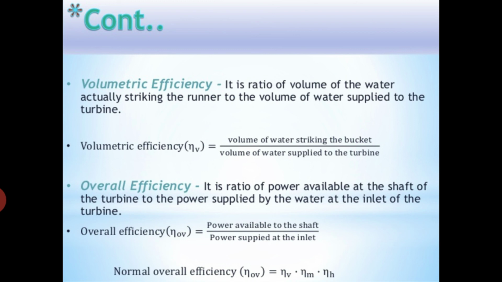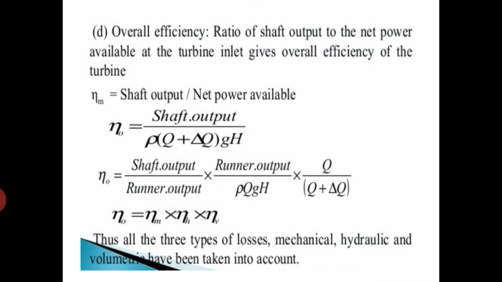Overall efficiency is generally represented as eta V, eta M and eta H. The overall efficiency will be the ratio of shaft output to the net power available at the turbine inlet, which gives the overall efficiency of the turbine. It can be written as shaft output divided by rho into bracket Q plus delta Q into g H. This is the water power, the actual water power available at the inlet of the turbine.